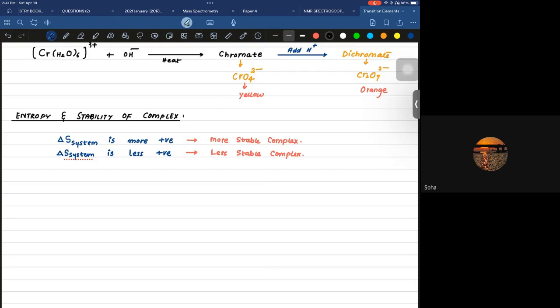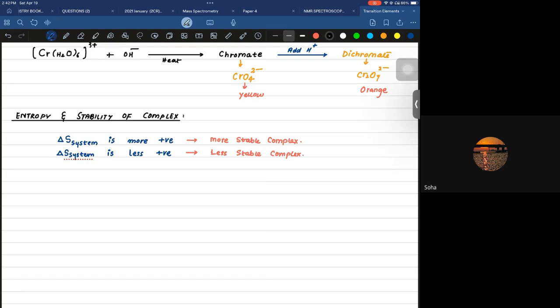Okay. So we have monodentate ligand, bidentate ligand, and hexadentate ligand. As a random question, if I have a hexadentate ligand, that was EDTA.